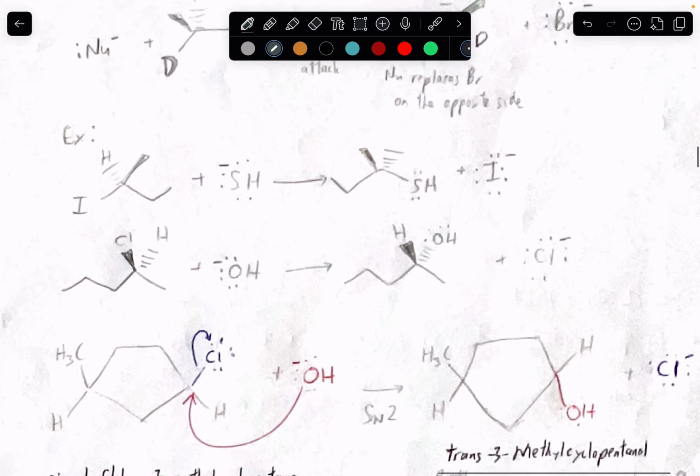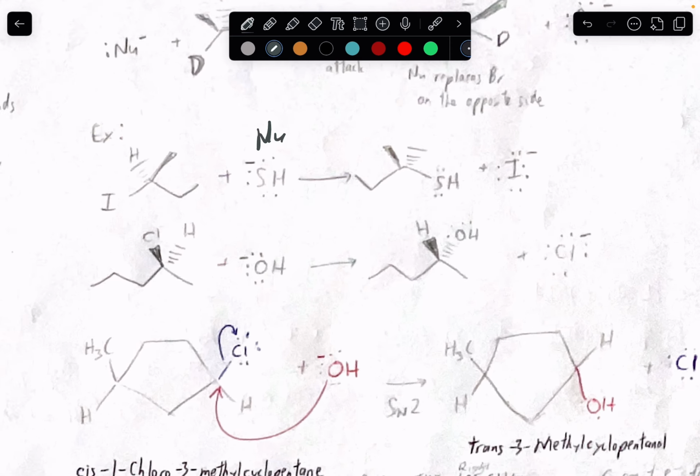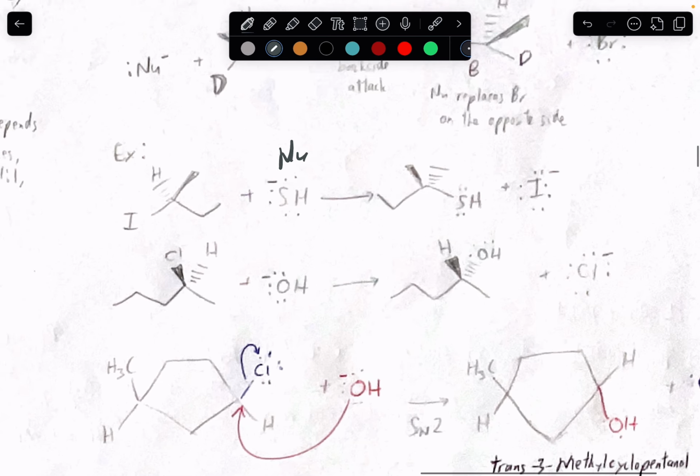Let's check this example. This is our nucleophile, no? SH. What's SH? Sulfur what? Thiol. Yeah, it's called thiol. Inversion of configuration.